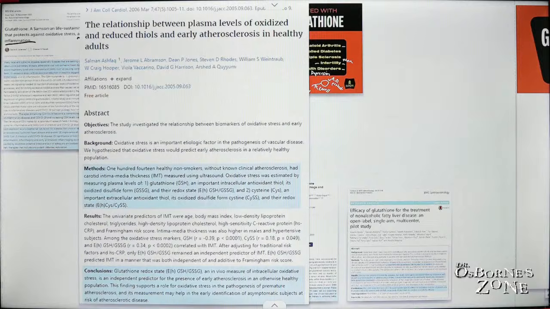Conclusion results here: glutathione, an in vivo measure of intracellular oxidative stress, is an independent predictor of the presence of early atherosclerosis in an otherwise healthy population. This finding supports a role for oxidative stress in the pathogenesis of premature atherosclerosis, and its measurement may help in the early identification of asymptomatic subjects at risk for atherosclerotic disease.